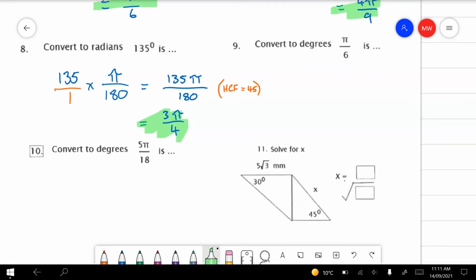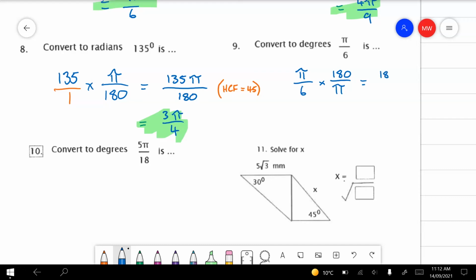Okay, question 9's got us going the other way. This time it's given us the radians and it wants us to convert to degrees. This is pretty easy as well. You write down your radians, and instead of multiplying it by pi on 180, you multiply it by 180 on pi. Same process, top times top gives you 180 pi.